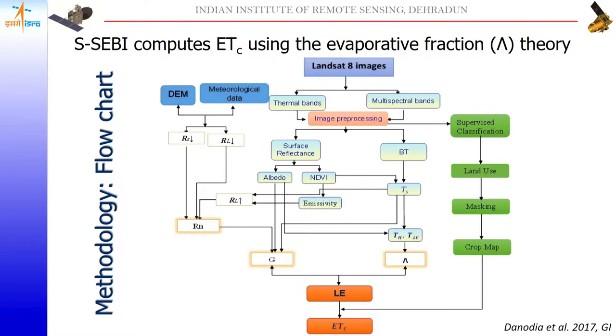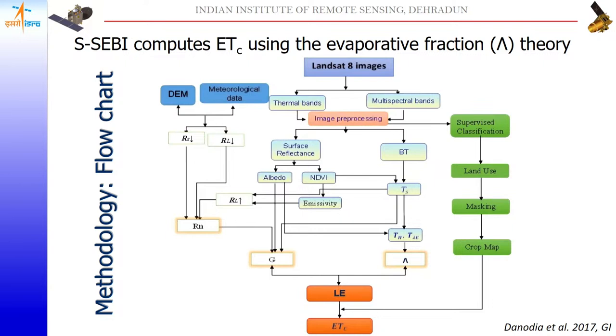Using this particular model, we also did one study in the area of NCR along with Western Uttar Pradesh, where we used Landsat 8 data, which has visible near infrared bands as well as the thermal band. Whenever you use a surface energy balance model, you require the visible and NIR bands as well as the thermal bands.